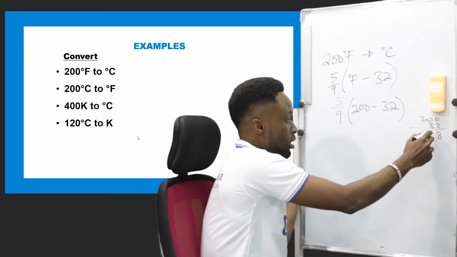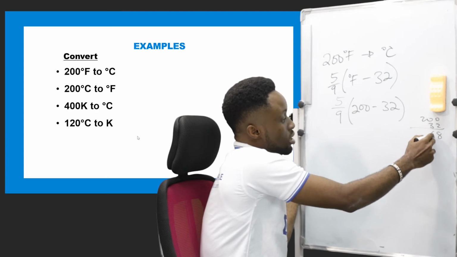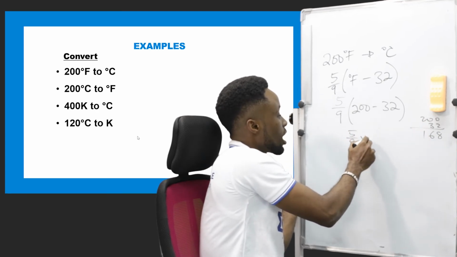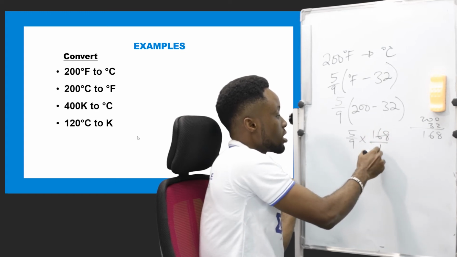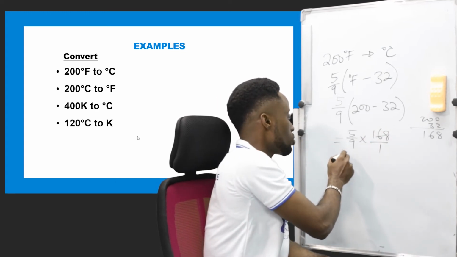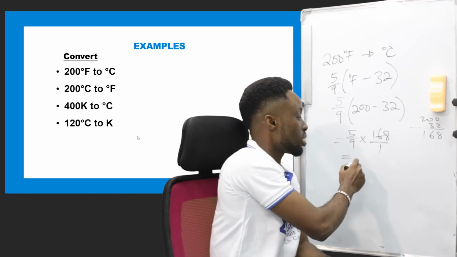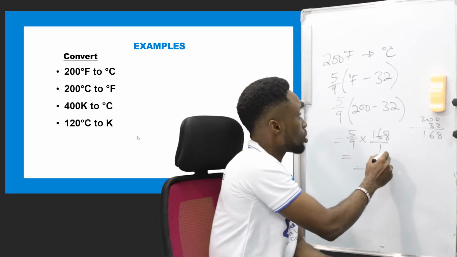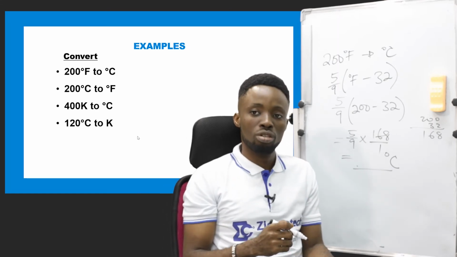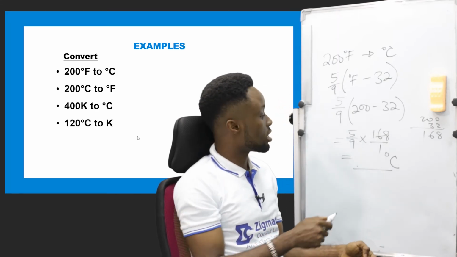So 200 minus 32 will give us 168. So we have 5/9 times 168/1. When you continue further, the answer will be in degrees Celsius. So that's how we can easily convert.